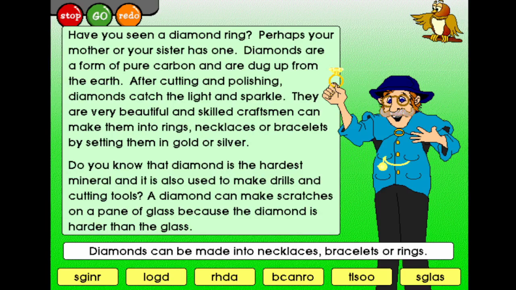Diamonds could be made into necklaces, bracelets, or rings. Diamonds are often set in silver or gold. Diamonds make good drills because they are so hard.